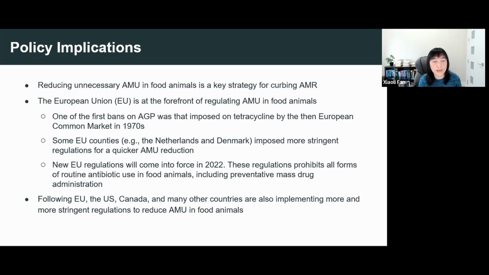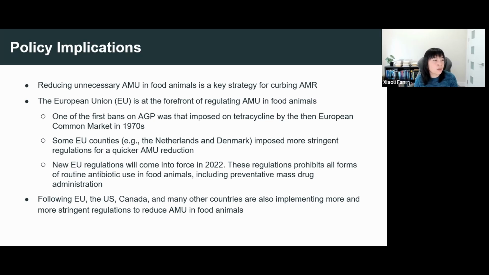And the companies need to report the antimicrobials sold, although we haven't seen that data. In the EU, starting January next year, they are going to ban prophylactic antimicrobial use. So antimicrobial use in feed for disease prevention purposes is going to be banned from next year.